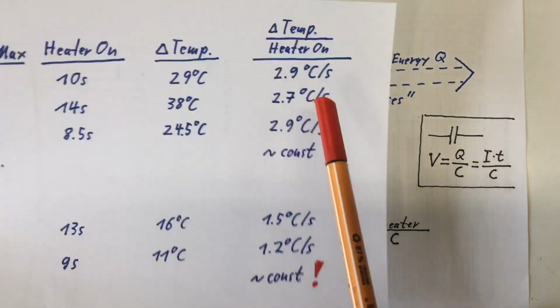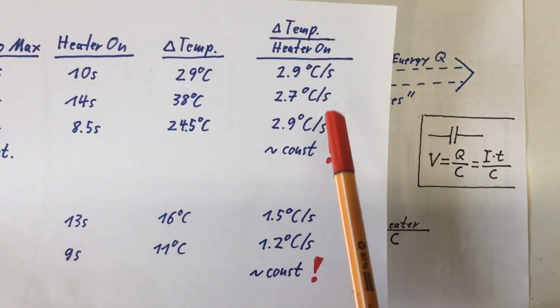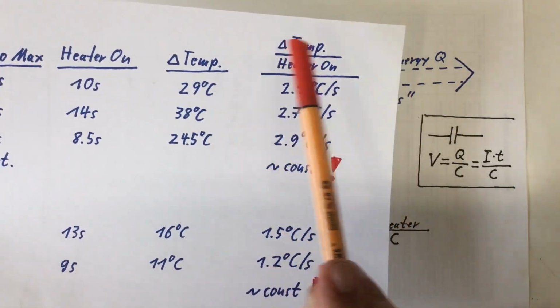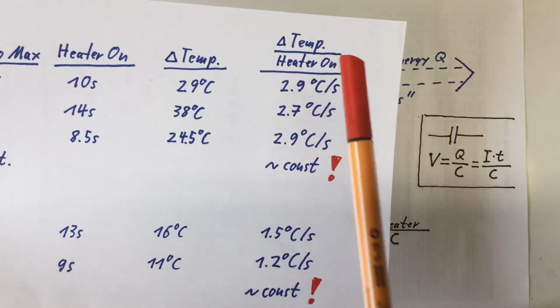Now, in the end, we measured and calculated that delta temperature, delta big T, over the time the heater was on.